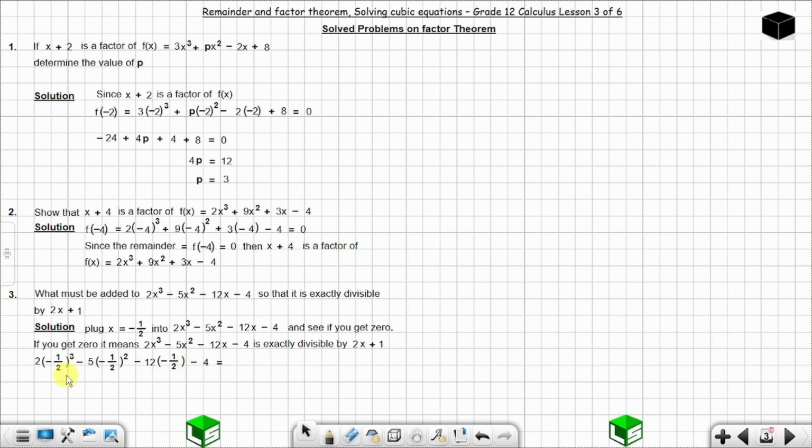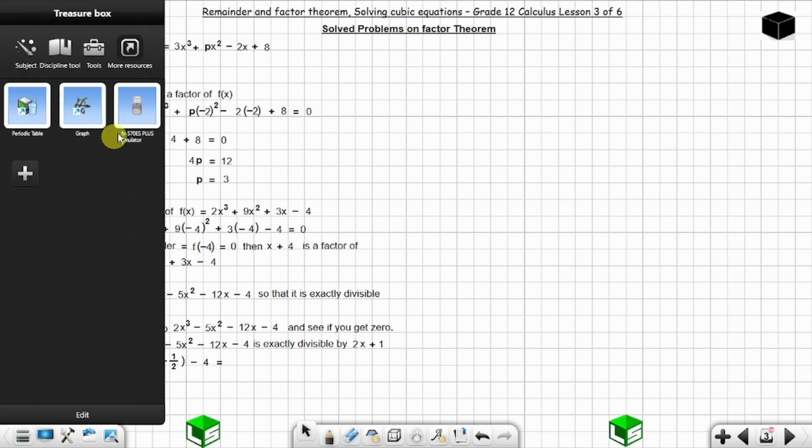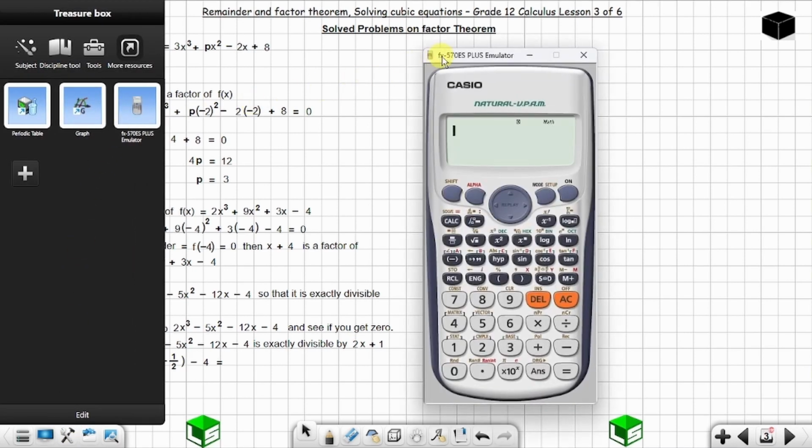This is equal to, let's plug this in our calculator. I'm going to use my emulator.